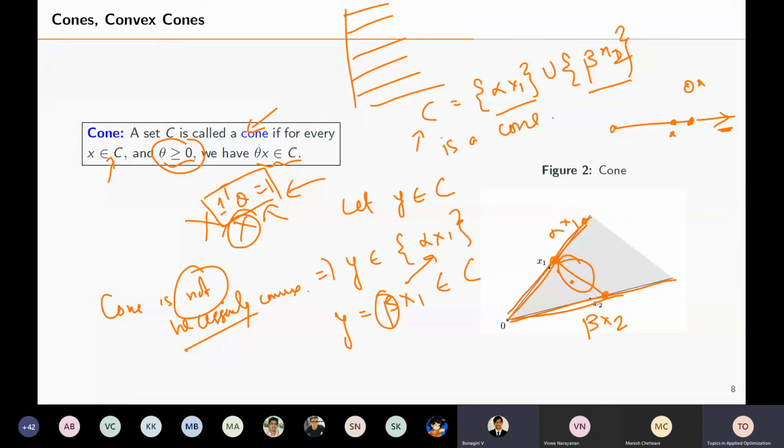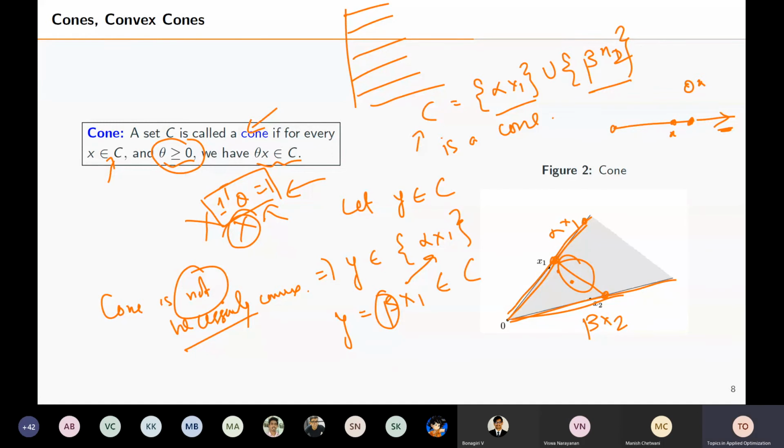Theta equal to 0 is allowed. So theta 0, 0 times any vector will be 0. So that 0 vector must be in the cone. Okay. So a cone must contain 0. By definition, a cone must contain 0 always.